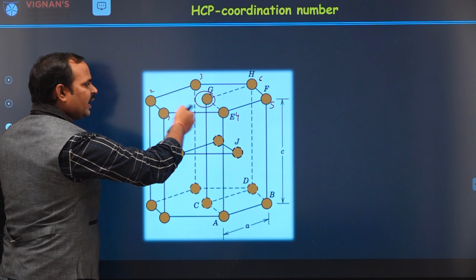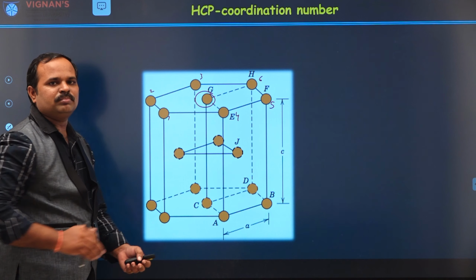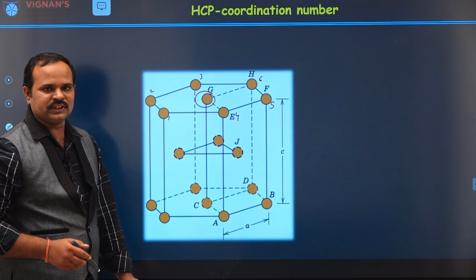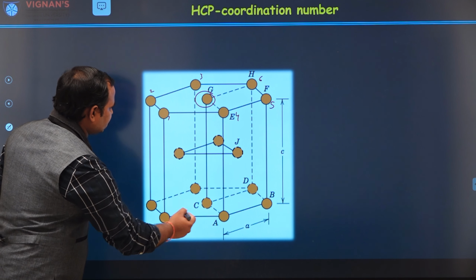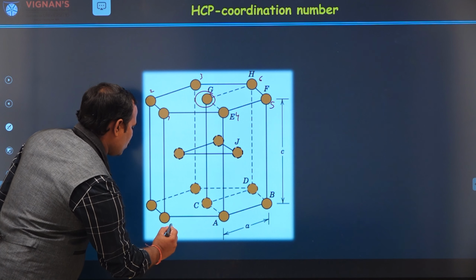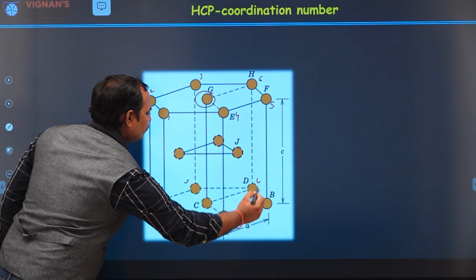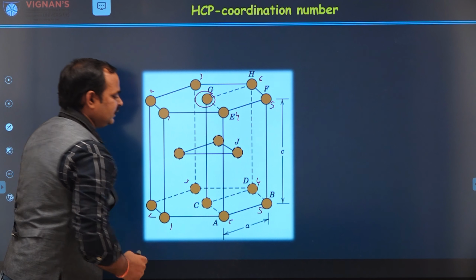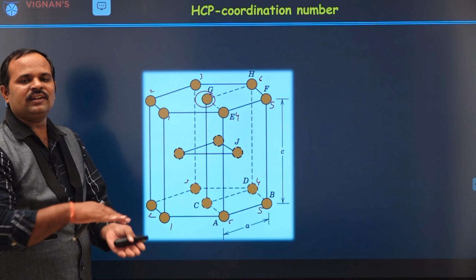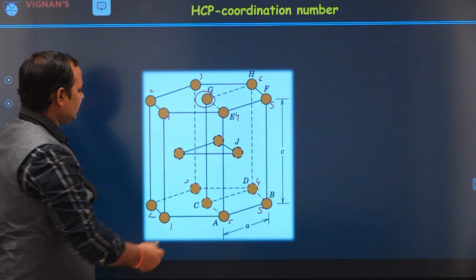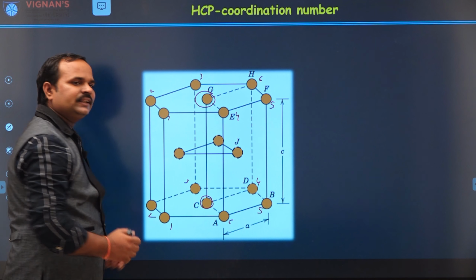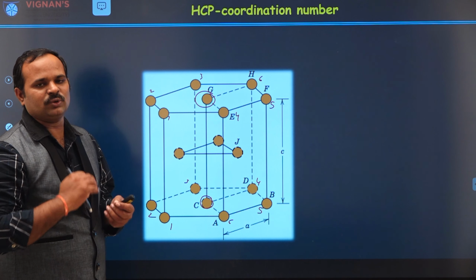Similarly, the same layer is also there at the bottom, that means the base of this unit cell. You can see here again 6 atoms, 1, 2, 3, 4, 5, 6. These 6 atoms are at the corners of the hexagonal lattice and this is at the center of the base of the hexagon.